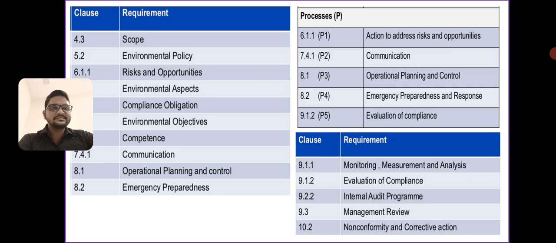For 6.1.1, we need to make a procedure for actions to address risks and opportunities. Communication also we need to prepare, and 8.1 that is operational planning and control, 8.2 that is emergency preparedness and response, 9.1.2 evaluation of compliance, we need to make a procedure.